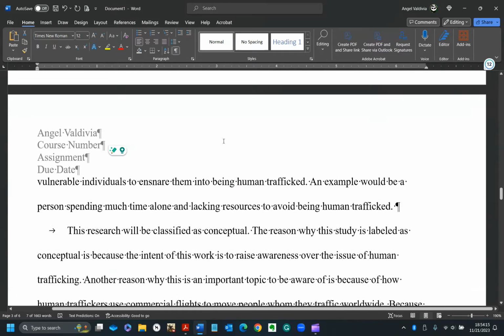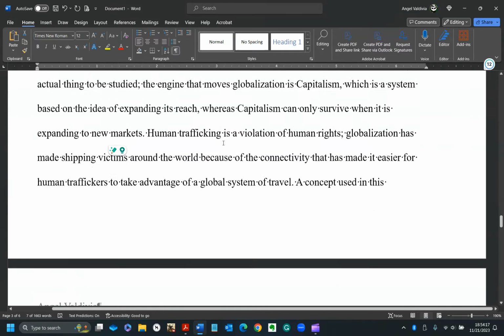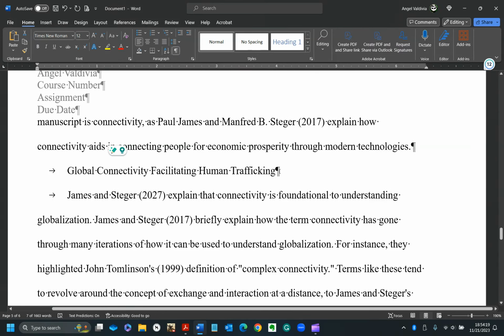And when you go to the subheading, it no longer reads as a question, but more as a statement of fact. So when your reader reads the subheading, they are going to understand what topic and what issue and what question you're addressing in the literature review.